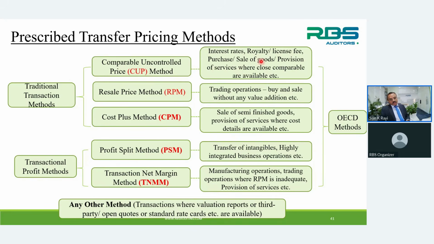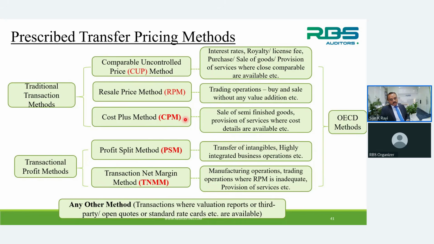The comparable uncontrolled price method is usually applicable for interest rate, royalty, license fee, purchase and sale of goods, and provision of services. The resale price method is adopted for trading operations, buying and selling without any value addition. The cost plus method is for sale of semi-finished goods.